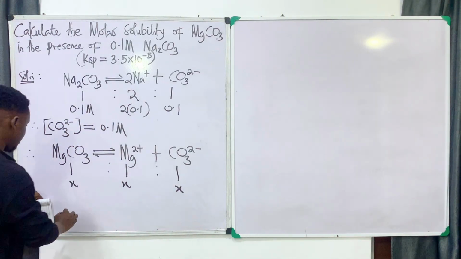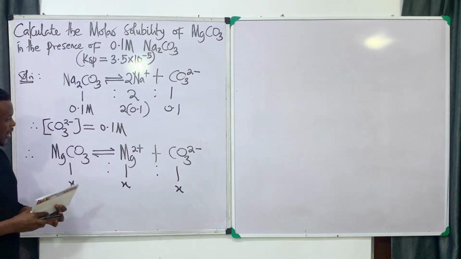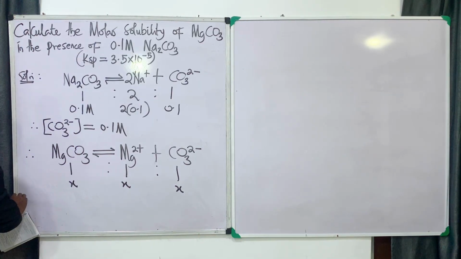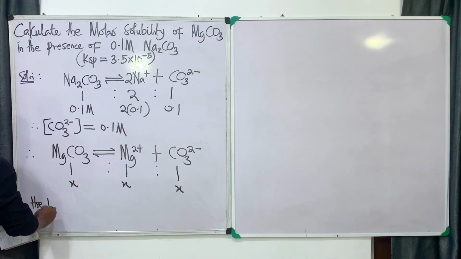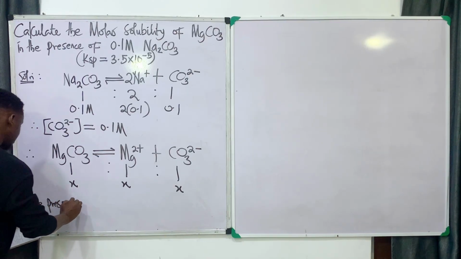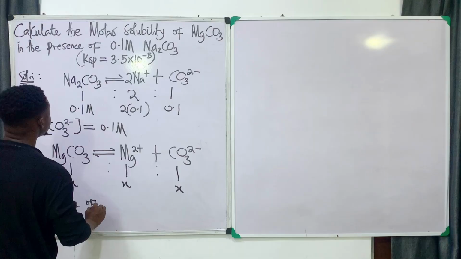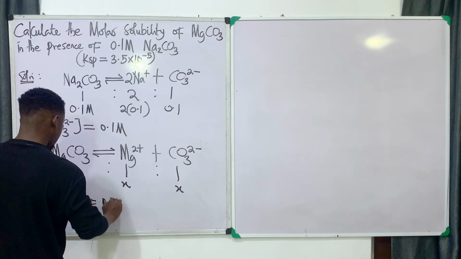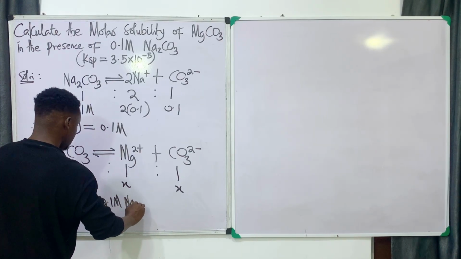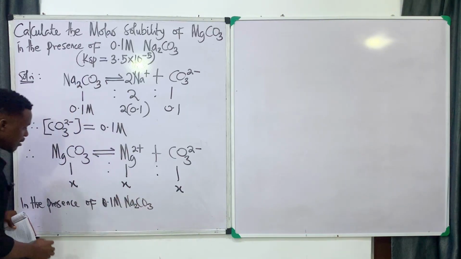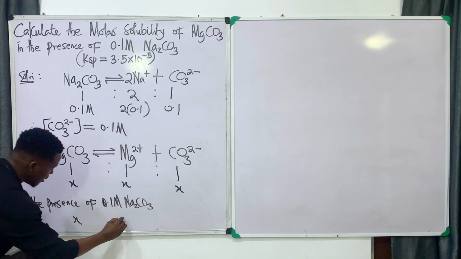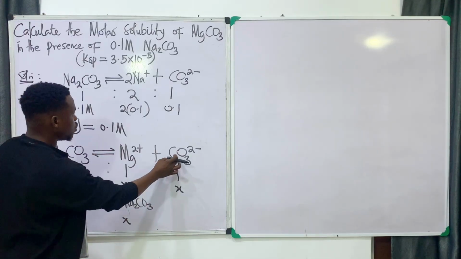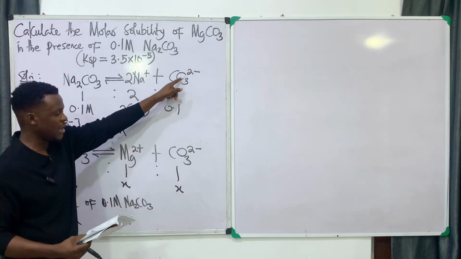All right. So therefore, in the presence of 0.1 molar Na2CO3, this will now be X into X. Now when we get to this CO3, remember this CO3 here will add up to this one.